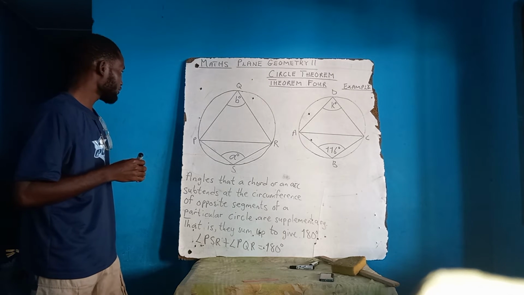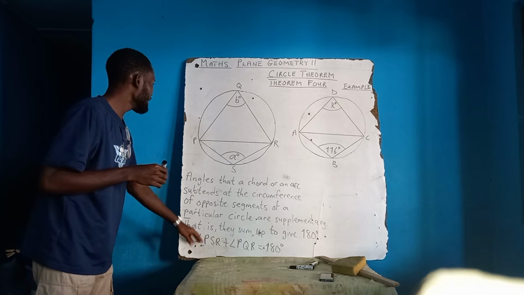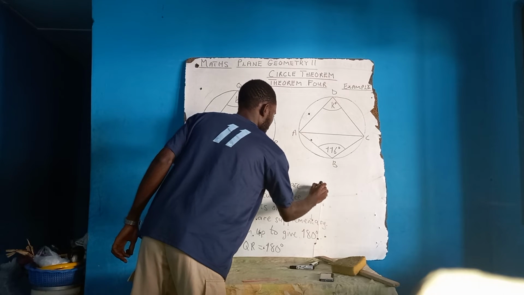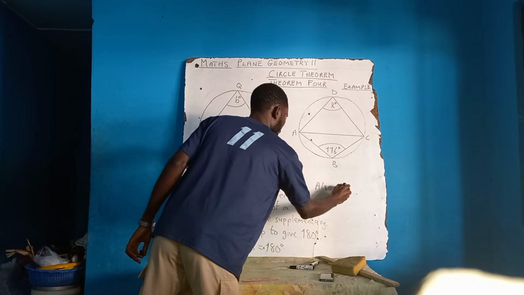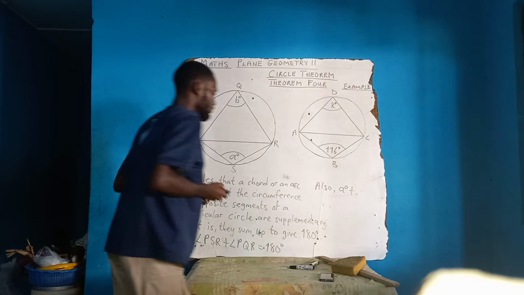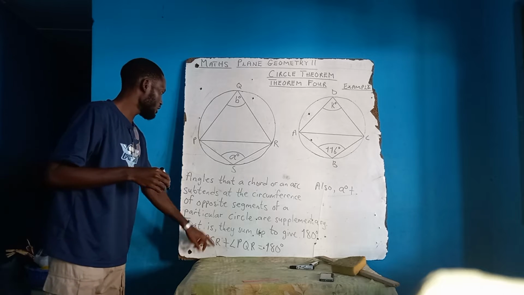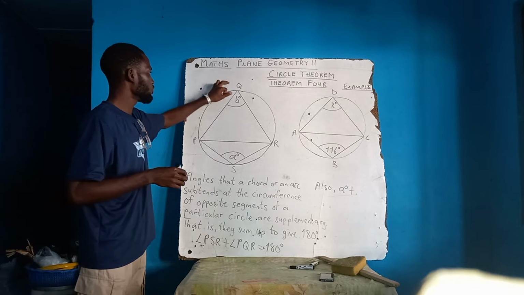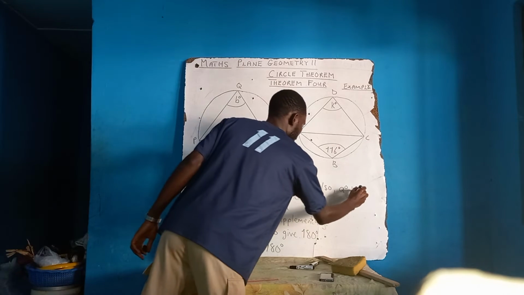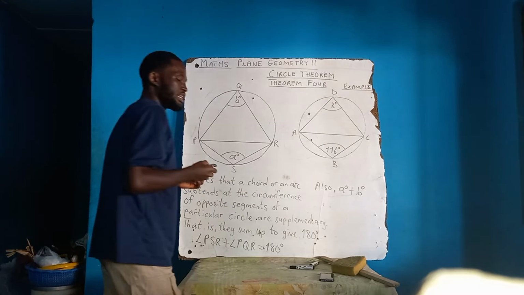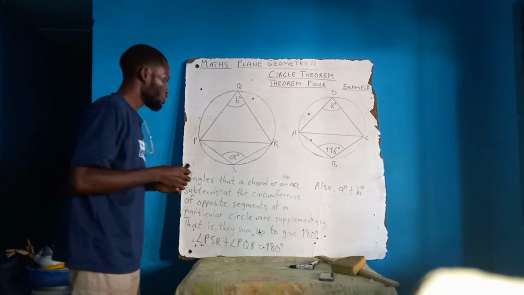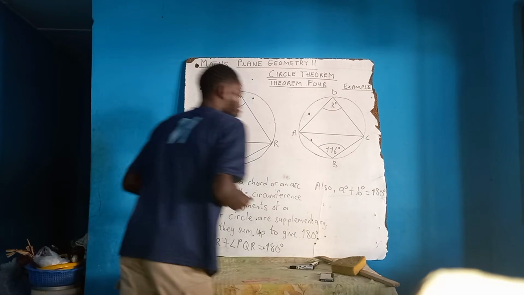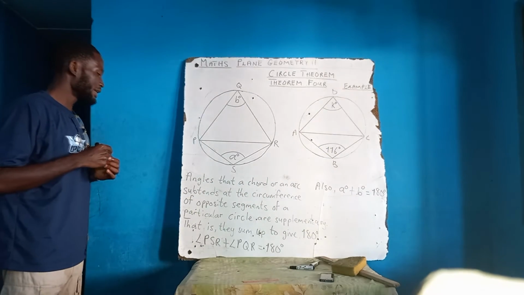We could also have, in place of angle PSR, A degrees. So angle PSR translates to A degrees, and angle PQR gives us B degrees, so A plus B should also be equal to 180 degrees.